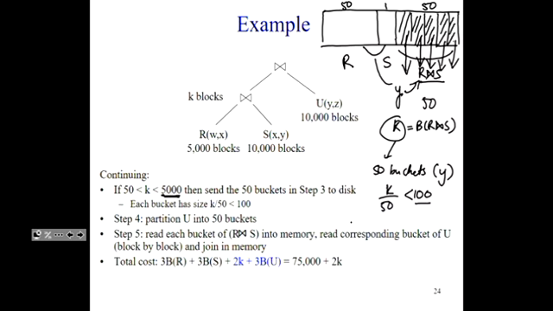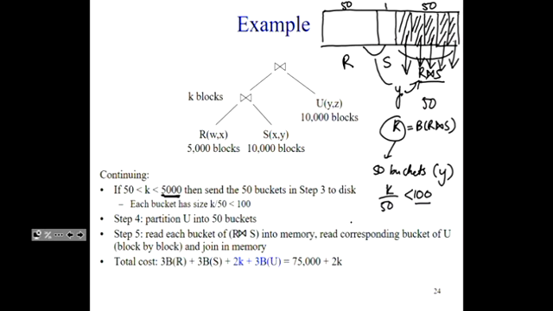I would partition it into a number of buckets by applying the hash function and adding the tuple to the block corresponding to the appropriate bucket. Once that block gets filled up, I write it out to disk, create a new block, and keep going this way.